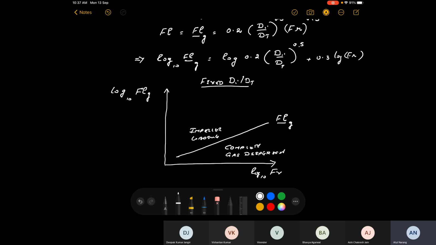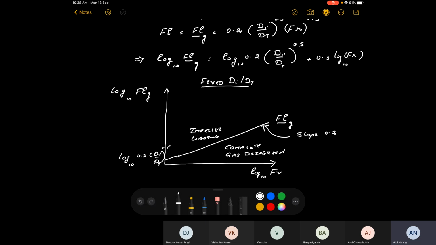It will have an intercept, which is log to the base 10 of 0.2 di over dt to the power 0.5, and it has a slope of 0.3.